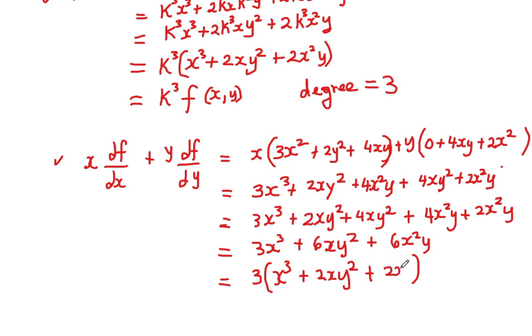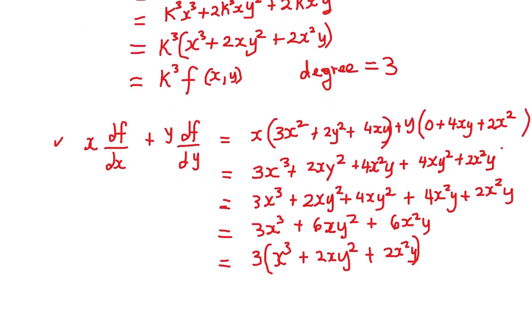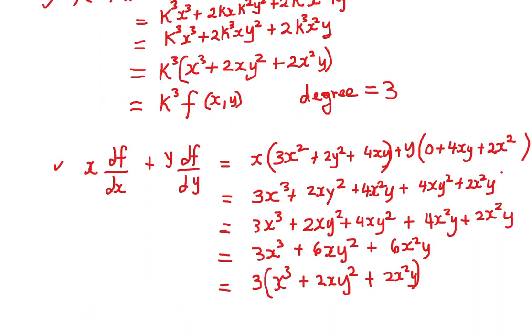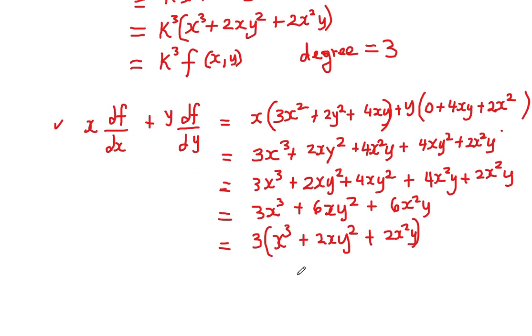So that will give us 2x squared y. Now I want you to look at what we have in bracket here in the result and look at the original polynomial, the original implicit function that we had. Here, x cubed plus 2xy squared plus 2x squared y. What do you notice? You notice that it is exactly what we got in bracket here.